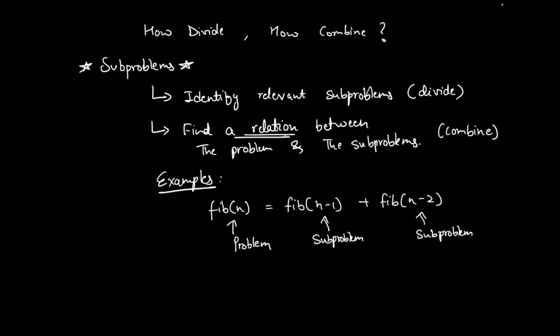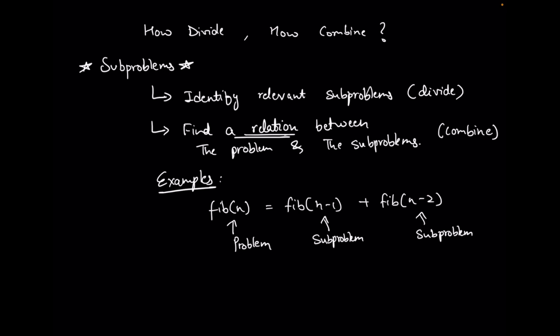Because if you observe, fib of n is the problem that we're trying to solve, and fib of n minus 1 and fib of n minus 2 are the same problem, finding the Fibonacci number, just with smaller inputs. Thus, they are subproblems, right? And this relation says fib n is equal to fib n minus 1 plus fib n minus 2, which is telling us how we can find the solution to the problem using solutions of the subproblems.